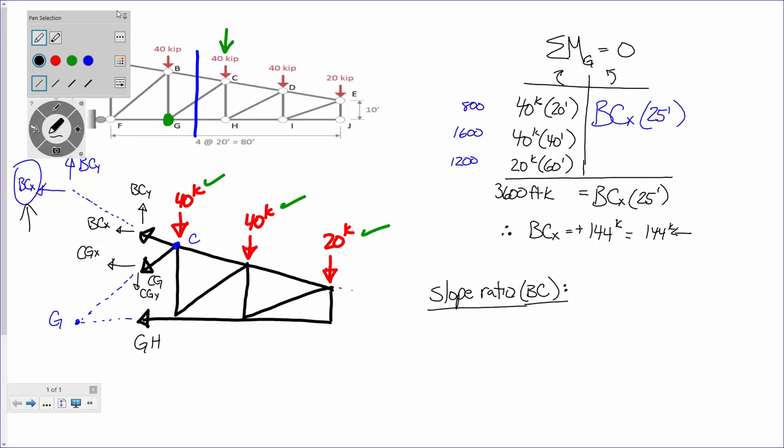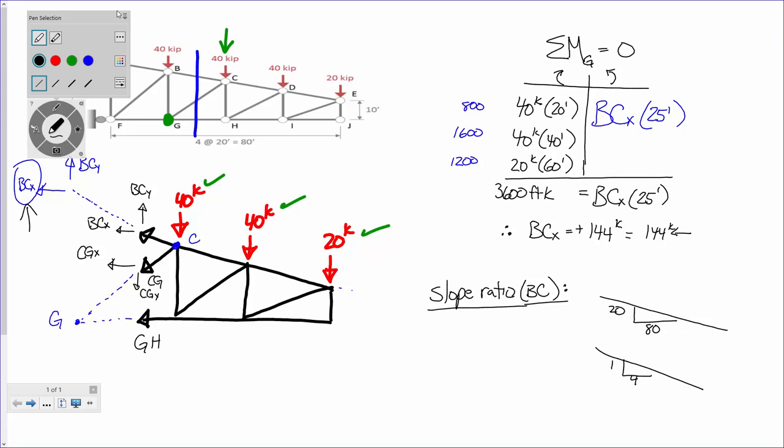Let's look at member BC. So here, let's say this is member BC, and we've got a slope ratio. Basically what I'm trying to do is record rise over run. So would a fair way of recording that, would it be 80 to 20? Or a simpler way, 1 to 4?